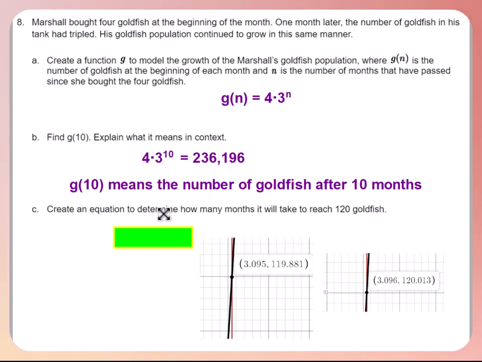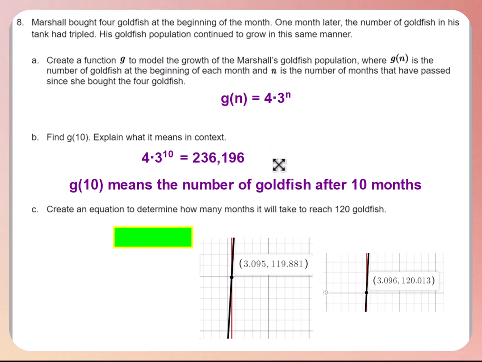Now I want you to create an equation to determine how many months it will take to reach 120 goldfish. Now I took some snippets of Desmos, and I couldn't get right to 120 because you can see I slid up here on my line. I put in both equations. I put in G of n equals 4 times 3 to the n, and this is that line that kind of curves up.